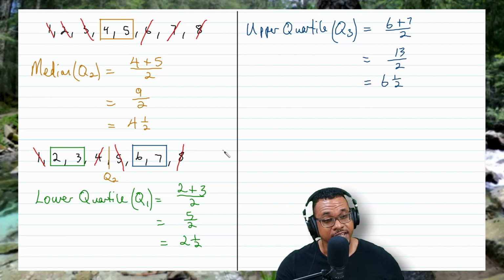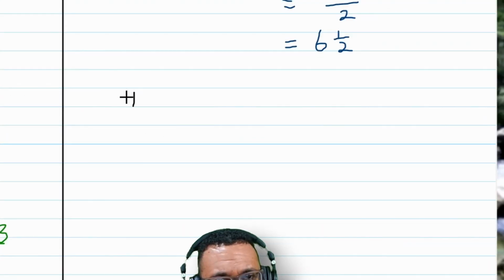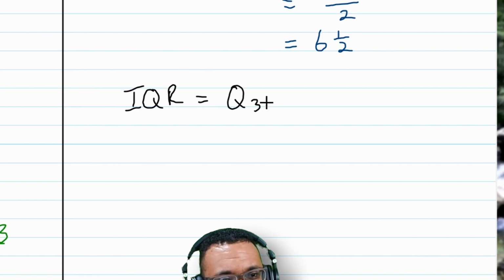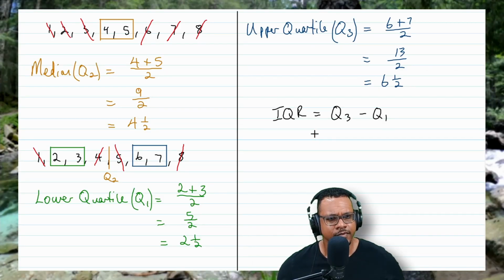So now to work out our interquartile range and semi-interquartile range, I can simply write IQR is equal to Q3 take away Q1, so IQR is for interquartile range. So that would be 6.5 take away 2.5, and that will be equal to 4.